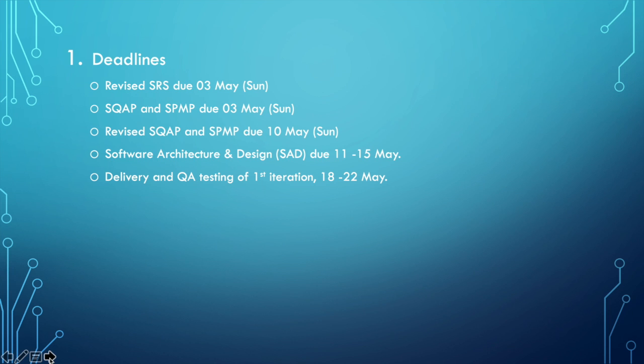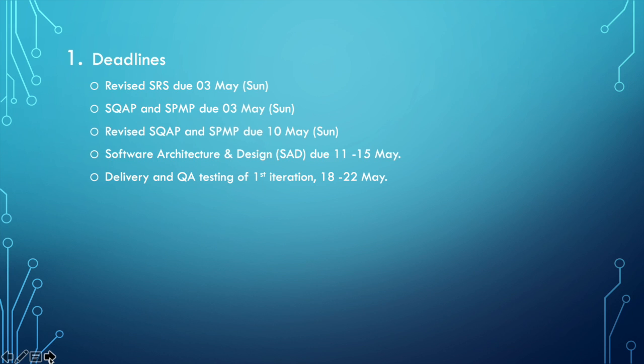So it is kind of a cyclic process: you design, and then you code, and then you find out that the design needs to be revised. You design again, and then continue coding. So it is a cyclic process between coding and designing. And this is for the week of the 11th to the 15th of May.